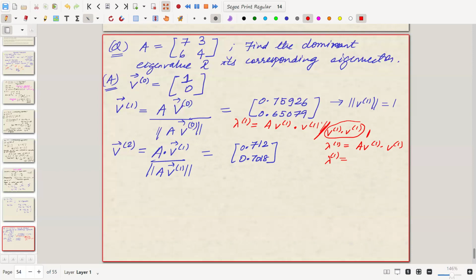You just have to take the dot product of A V1 with V1. V1 you already have, isn't it? Yes.